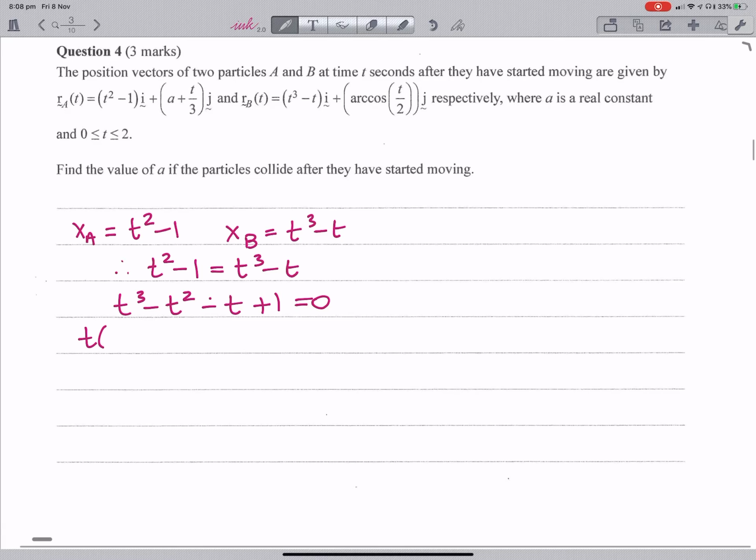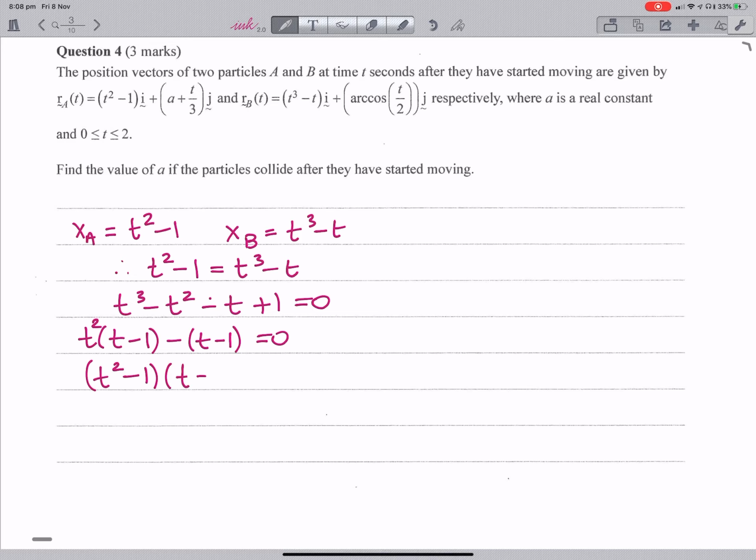Okay, t squared, t minus 1 minus t minus 1 equals 0. So t squared minus 1, t minus 1. So t minus 1 squared, t plus 1, t equals 1 or negative 1, t is greater than 0, therefore t equals 1.